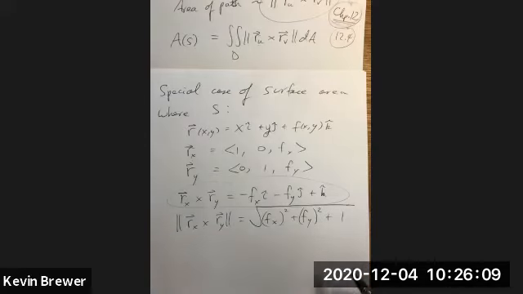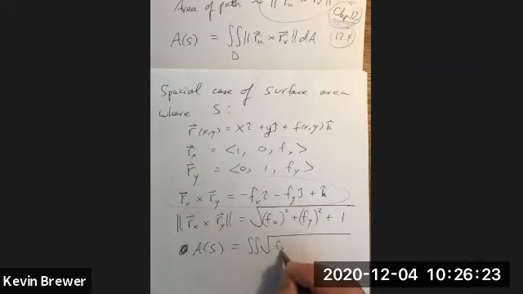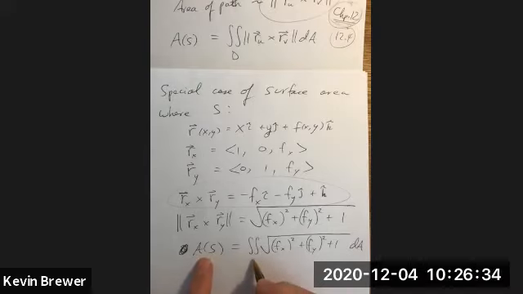So then the surface area of S is the double integral of this, where we could still call it D, I suppose.